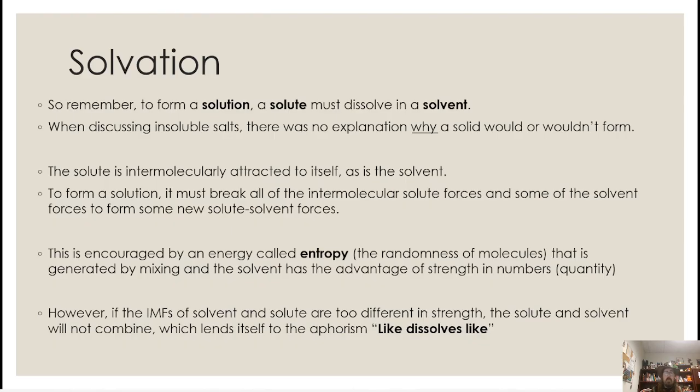So the first thing we need to talk about is solvation. We've previously discussed solvation when we talked about aqueous solutions, but now we need to re-hit this, especially with the terms solution, solute, and solvent.